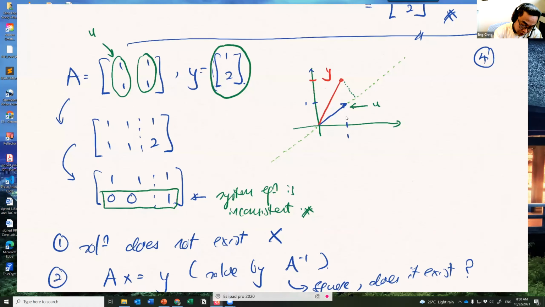So this red point here is the projection of y onto U. It is the closest point in the space of U that approximates y. Because if I choose it further away, then the error is longer.